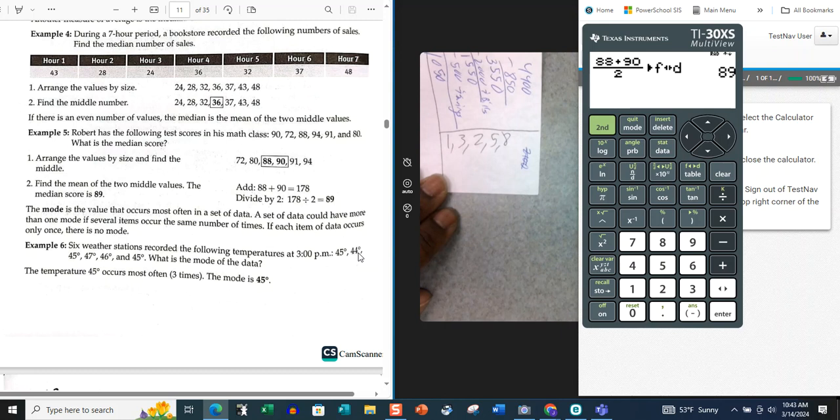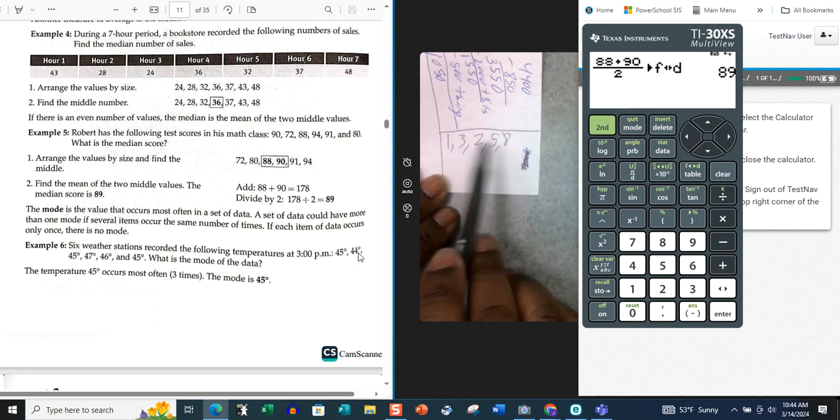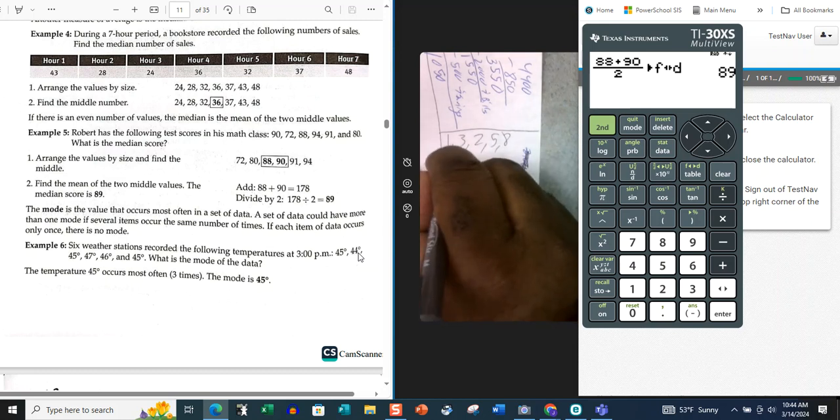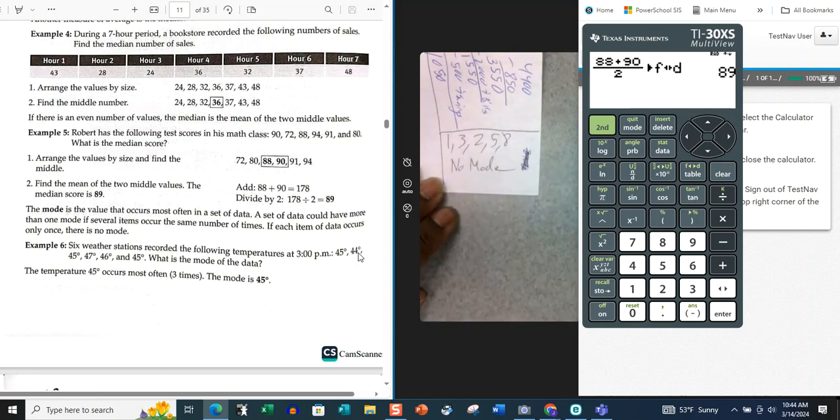What I just told you, that you can have more than one mode if the most frequent values appear the same number of times, is different here, because this is a unique case. When every number appears only once, your answer would be no mode. So in order to have a mode, a number or numbers must appear more than once. If all numbers appear only once, then your answer would be no mode.